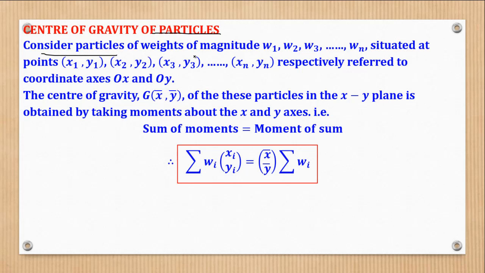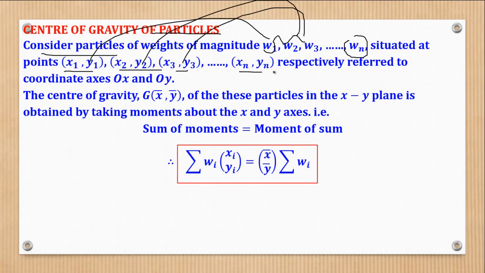Consider particles of weights with magnitude W1, W2, W3, and so on up to Wn, meaning they are n particles, situated at positions x1, y1 for W1, x2, y2 for W2, x3, y3 for W3, and so on up to xn, yn for Wn, respectively, referred to coordinate axes Ox and Oy.